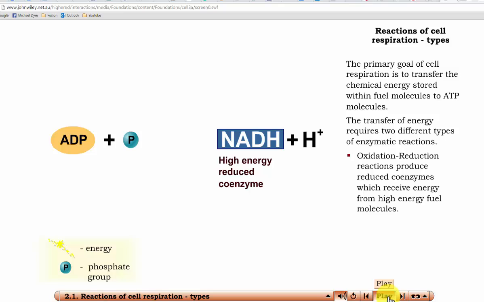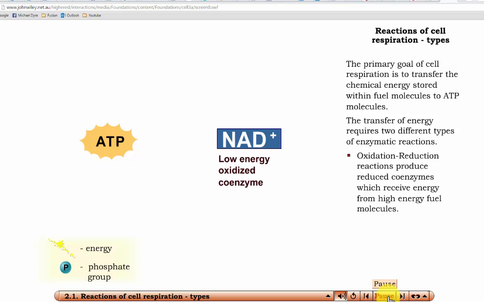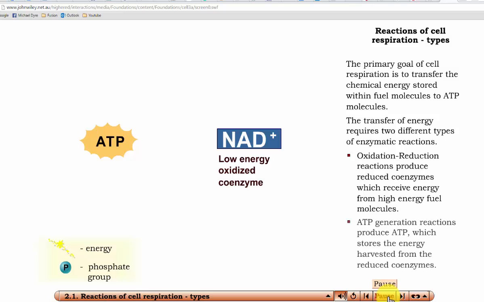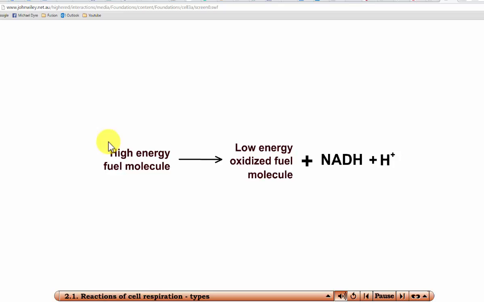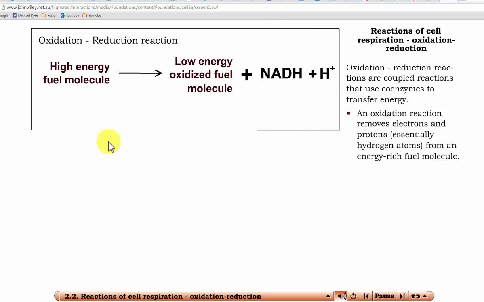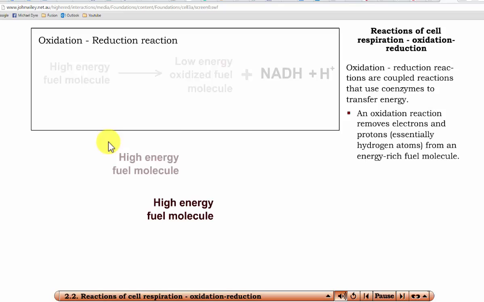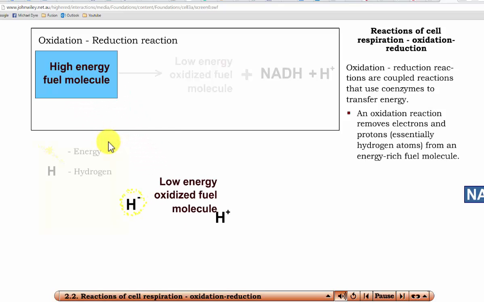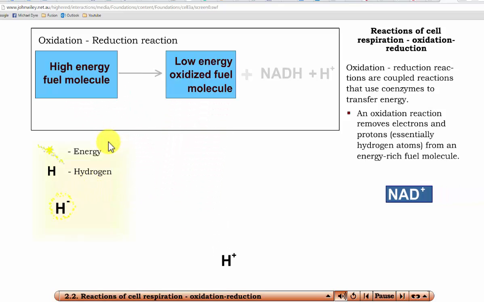The reduced coenzymes then transfer the energy to ATP in a separate reaction. Oxidation-reduction reactions are coupled reactions that use coenzymes to liberate and transfer energy from high-energy fuel molecules to reduced coenzymes.